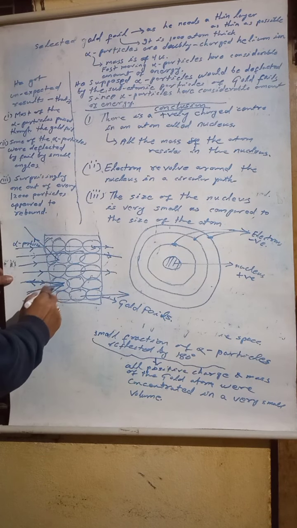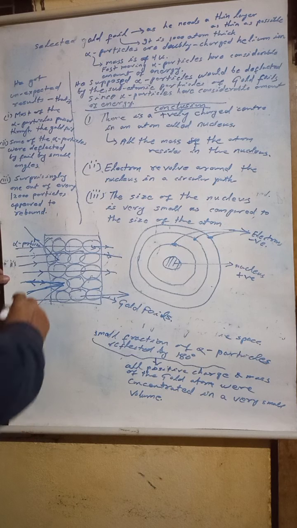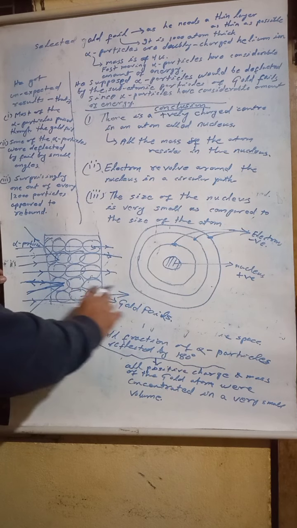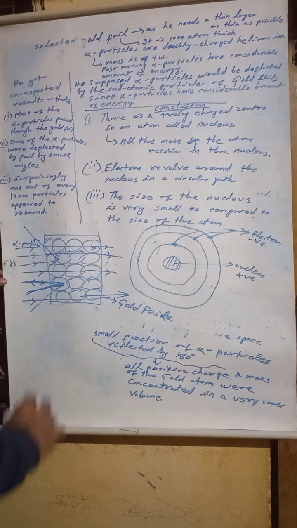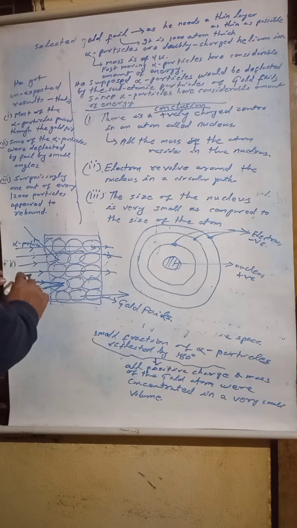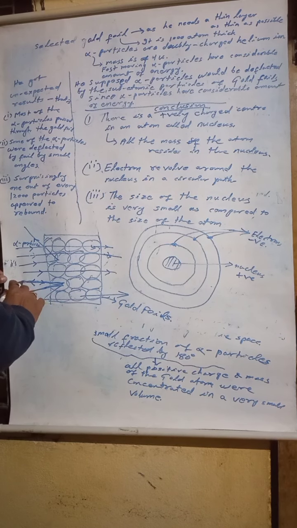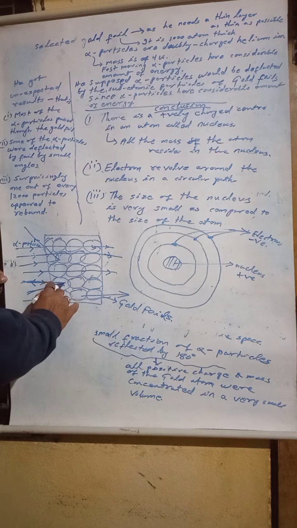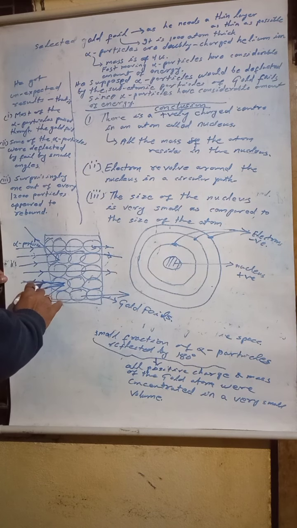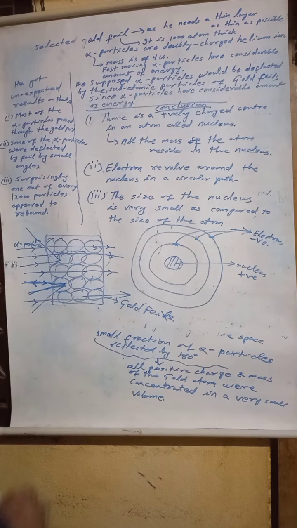Most of the alpha particles pass through the gold foil, and surprisingly, 1 out of every 12,000 is reflected back at the same 180 degrees, like this. So this is the data he got.